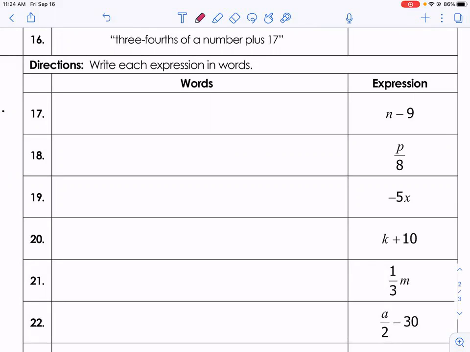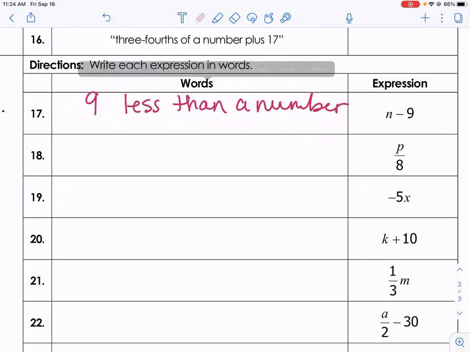So if you're wanting to say less than, with 9 less than a number, how could we also write it? You could say something as simple as a number minus 9. That would be a lot more straightforward, right, Bennett? Yeah. Okay.